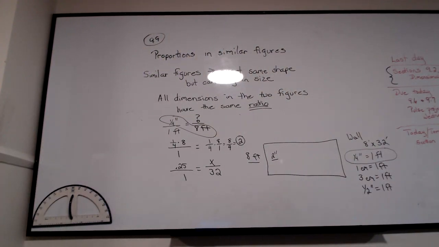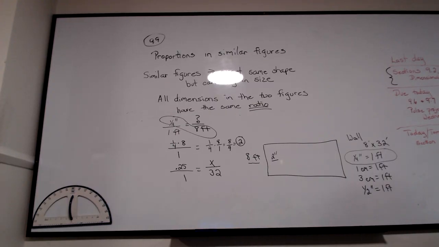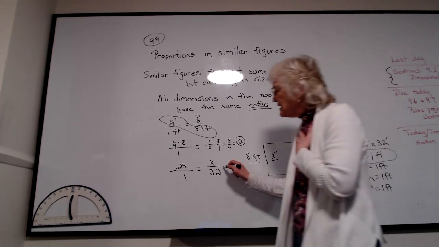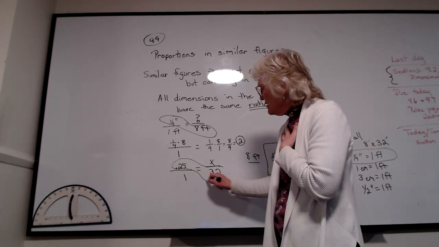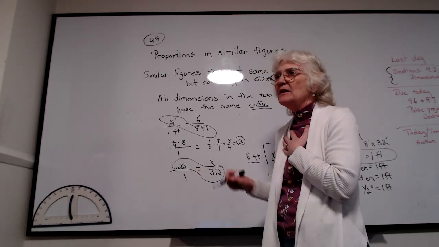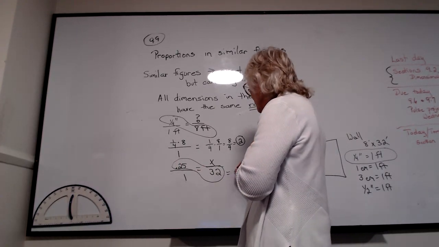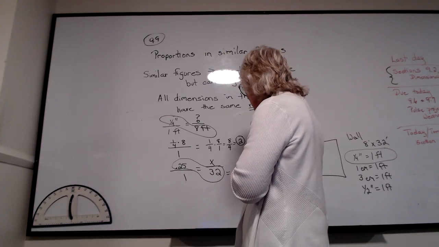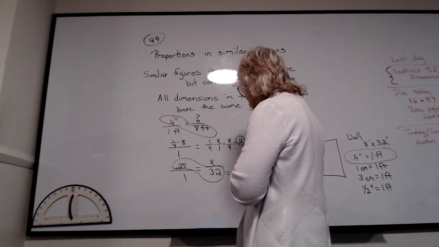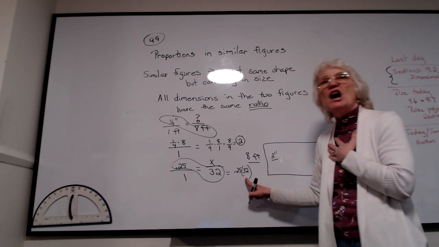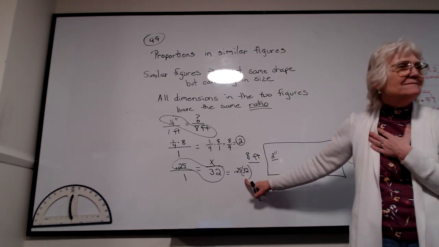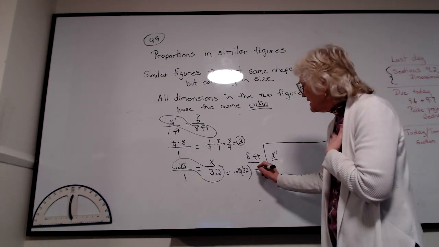This will give me how many inches it will be on paper. So we take 0.25 times 32 and divide it by 1. 0.25 times 32 is really just dividing that by 4, so it's going to equal 8.